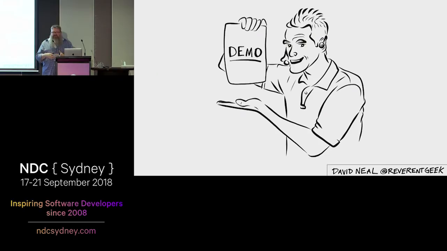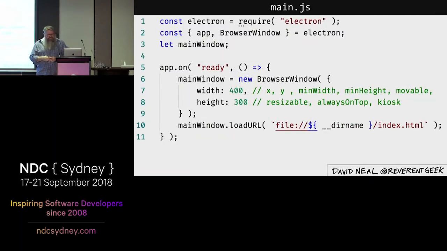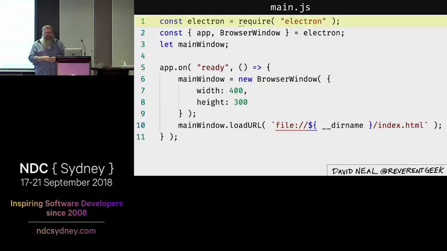So I've shown you a little bit about how to get started with Electron. I want to show you just how easy it is to build your first application. A main.js typically looks a lot like this. We require in the Electron module. In Node.js, require is equivalent to an import or a using statement. This is how we pull dependencies into the current application that we're running.